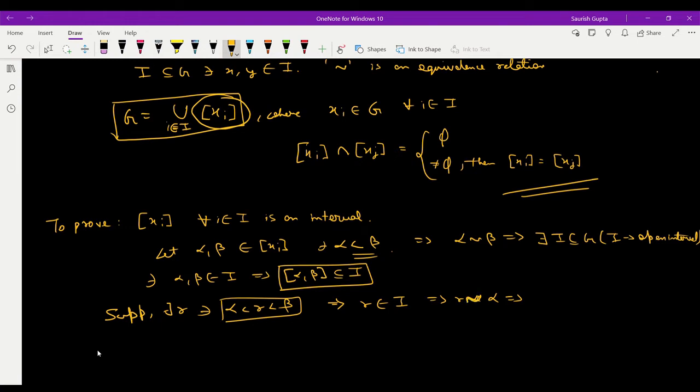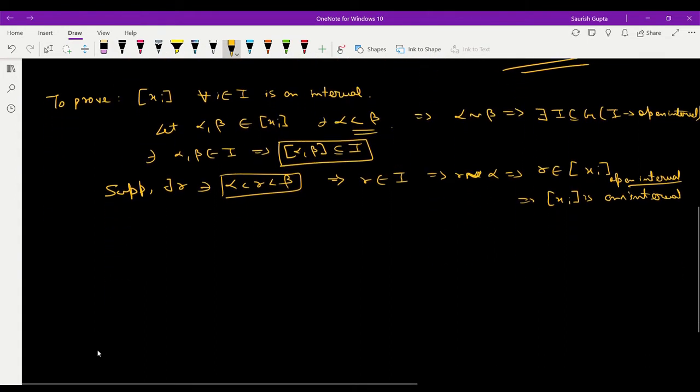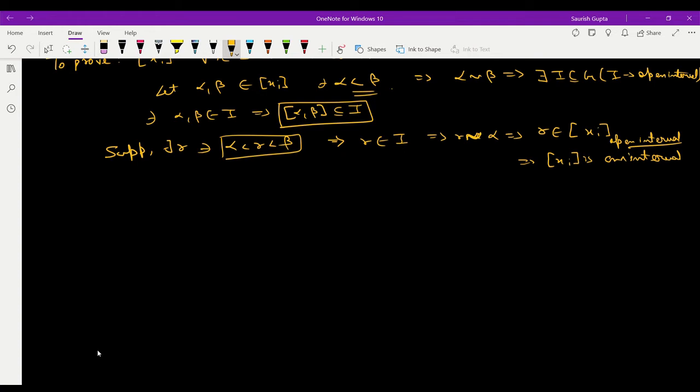And if r is related to alpha, that means r is contained in this equivalence class Xi. So that basically implies Xi is an interval, specifically an open interval. We are not talking about any sort of containment at this moment, so Xi is an arbitrary open interval. Okay, clear?